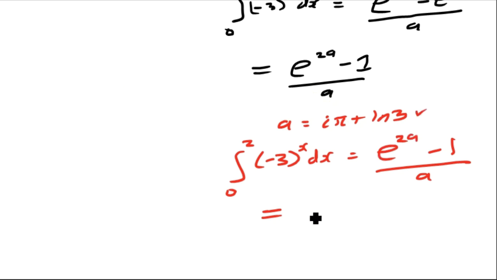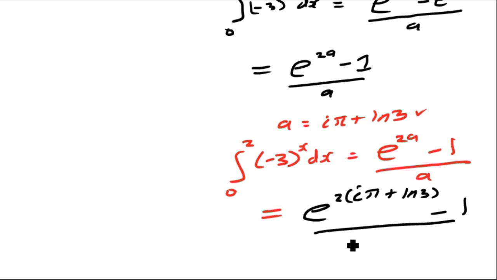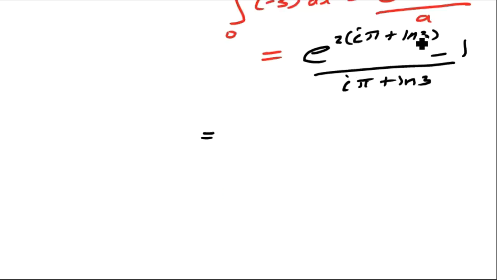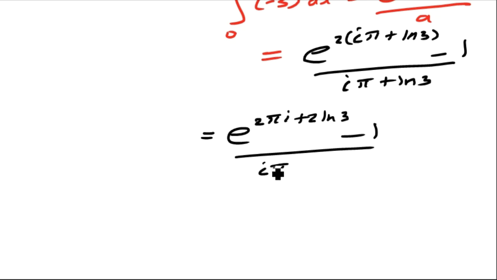Where there is a, we put the value of a. That is going to be exponential 2 into the value of a, which is I pi plus ln of 3, then minus 1, over a, where a is I pi plus ln of 3. Now, what do we have? When you take 2 inside the bracket, we have exponential 2 pi I plus 2 ln of 3, then minus 1 over I pi plus ln of 3.